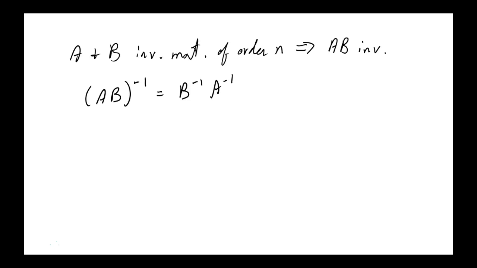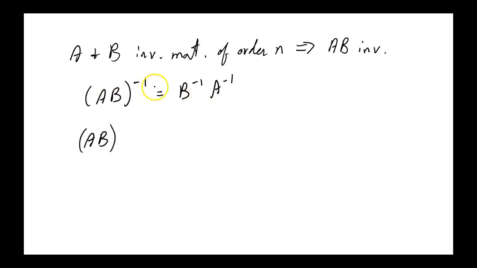First, you know that A and B are both invertible matrices, and they're both the same size, so you can multiply them. If you take the product AB, you can multiply it by what we claim to be the inverse.